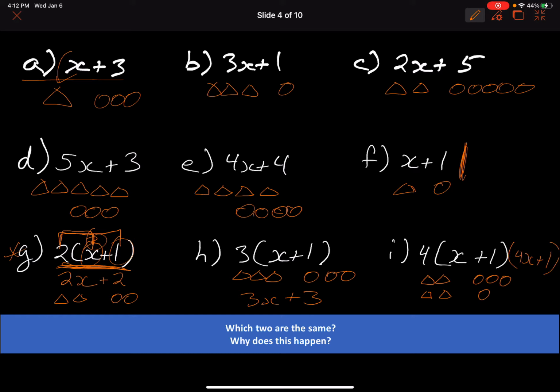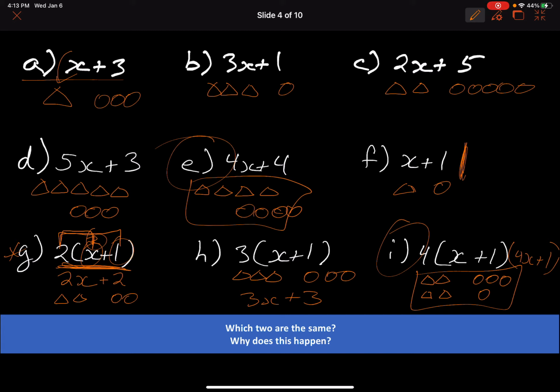Okay, which 2 are the same? And I'm wanting to know why this happens. So have a look at which ones are the same. I'm hoping that you noticed E and I are the same when we look at the drawings here.